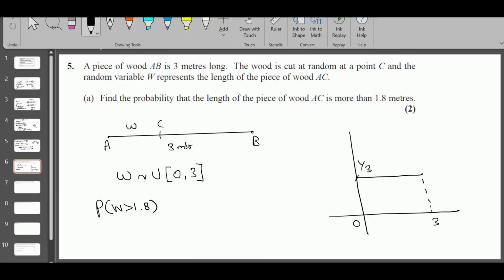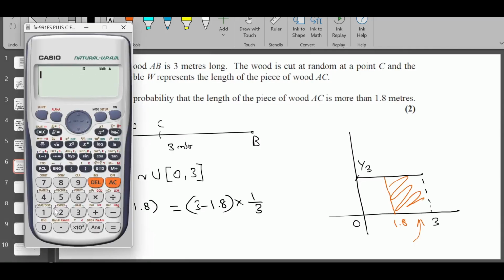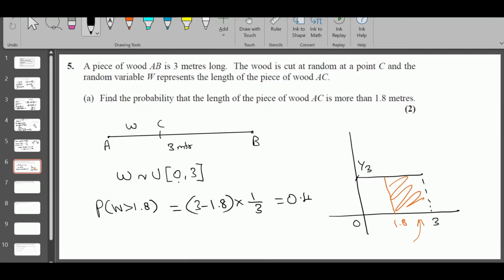Okay, so they want us to find the area more than 1.8, this area. So this length is 3 minus 1.8 times the breadth of the rectangle is 1 over 3. That's basically 1.2 divided by 3 is just 0.4, right? 0.4. It's just a 2-mark question.